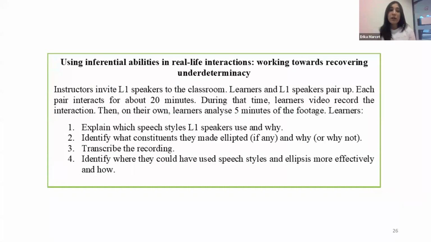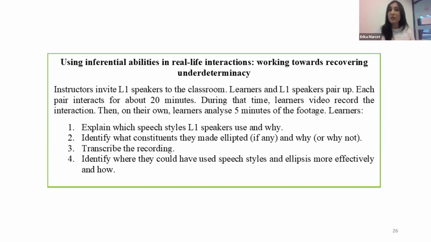And here we have an activity that raises pragmatic awareness. This focuses on both receptive and productive oral skills. This activity asks learners to pair up with an L1 speaker and discuss freely about a topic previously learned in the classroom, and to particularly pay attention to how they use a certain linguistic or non-linguistic feature.